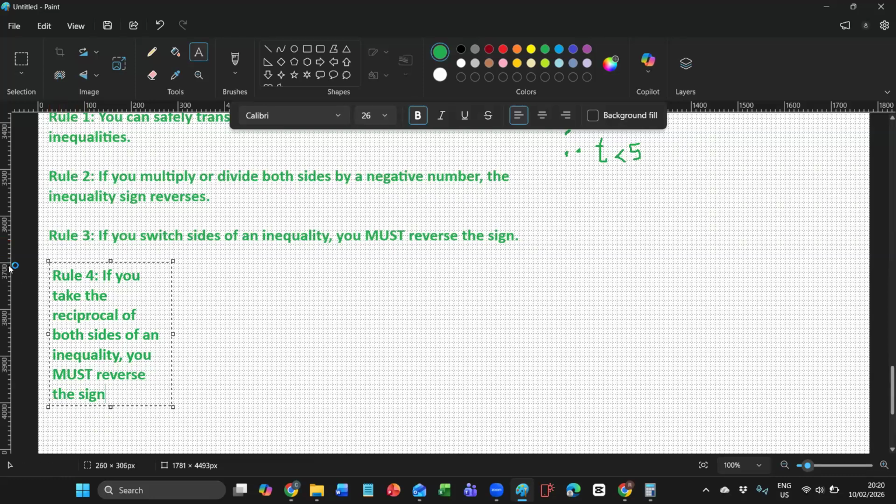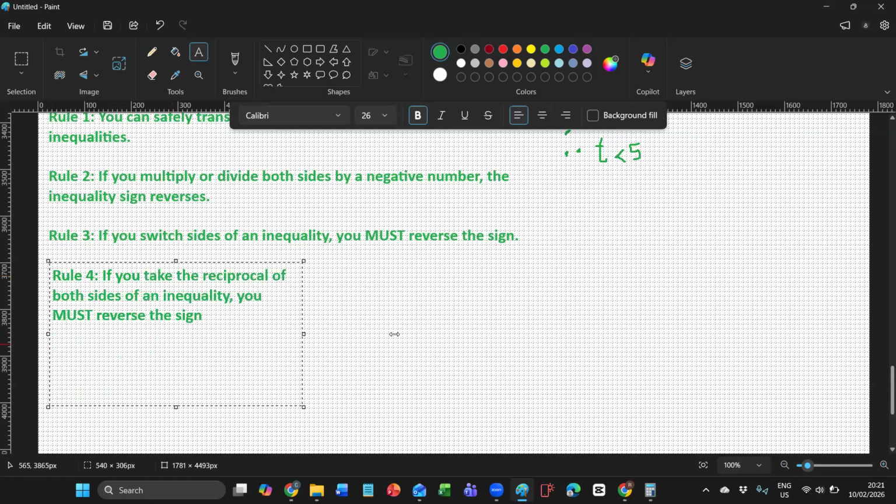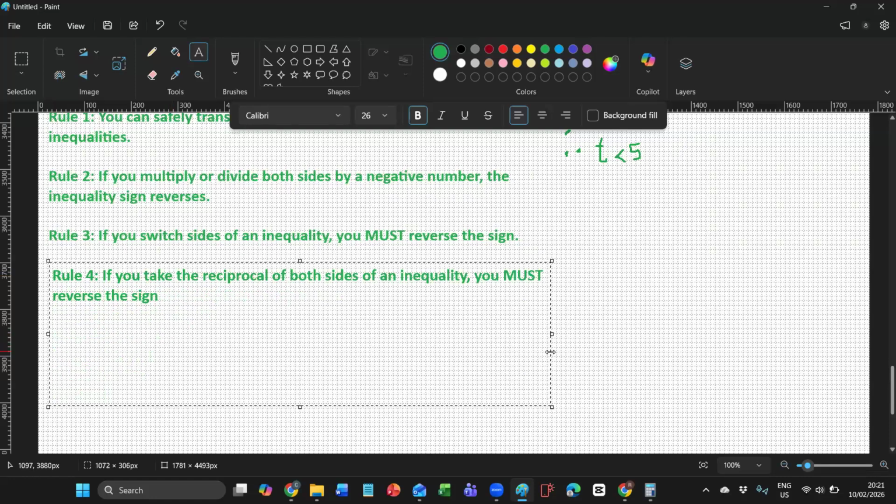Let me see another way of saying it: if you find the inverse of both sides of an inequality, you must reverse the sign.